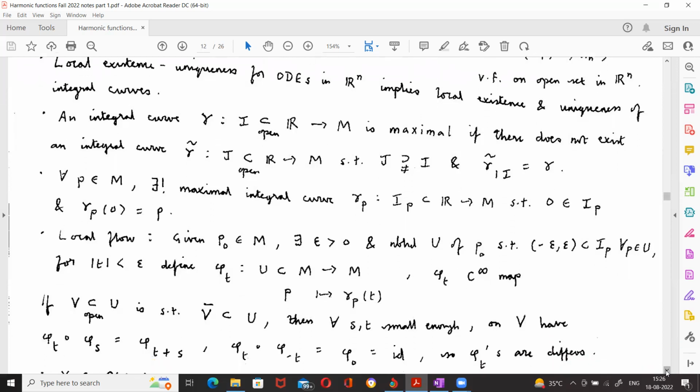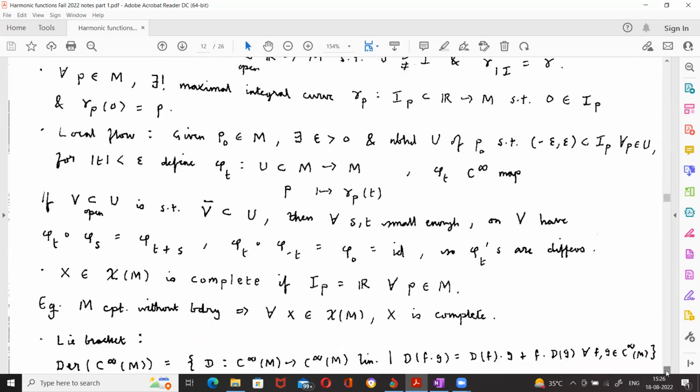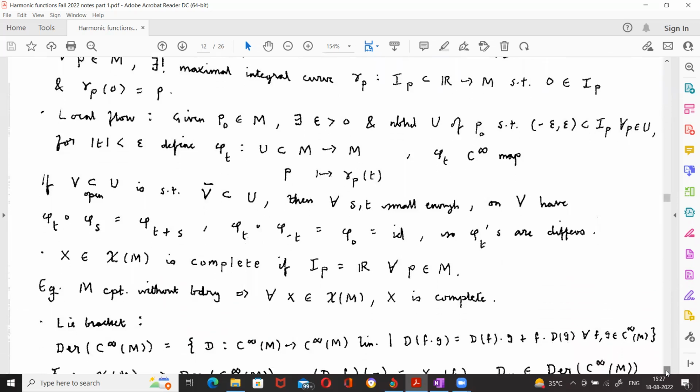What we need for later is what's called the local flow of a vector field. This is just like in Rn, for vector fields in Rn.